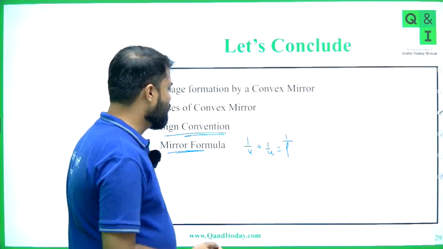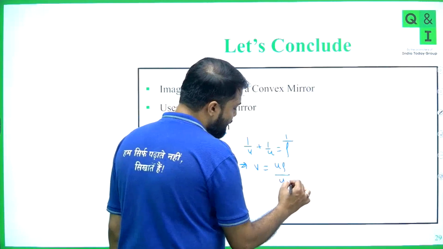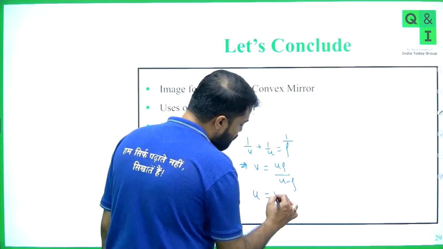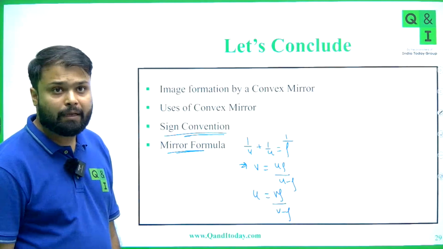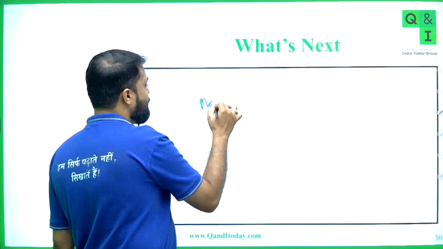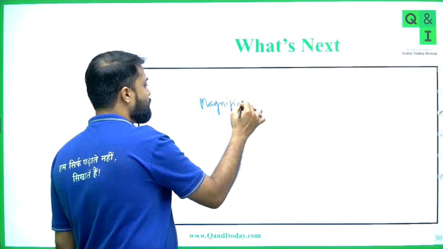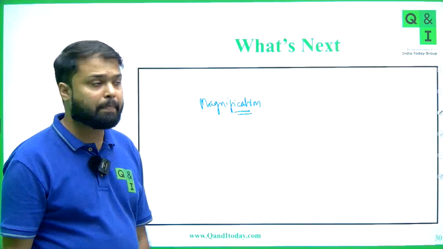And we saw the modified form. Solving this, we get V is equal to UF upon U minus F, or U is equal to VF upon V minus F. In the next class, we will do the questions based on magnification.